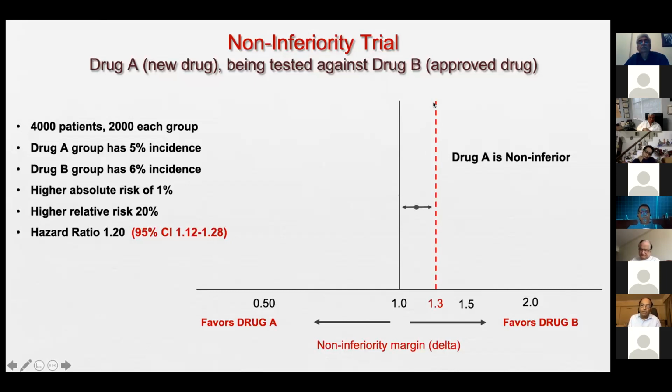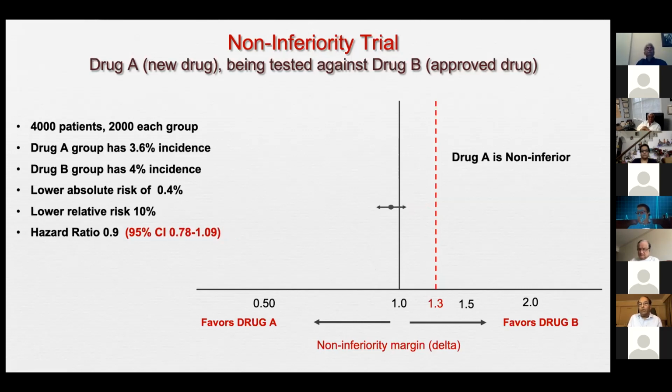It is, of course, the trialists who set the line, and the method of calculating it is somewhat imprecise. It includes a lot of data from previous trials, the expected difference, and a little bit of subjectivity also. Therefore, a non-inferiority trial is not considered as good as a superiority trial, but that's how it is done. And of course, if you find less difference, then again, it will still be called non-inferior.